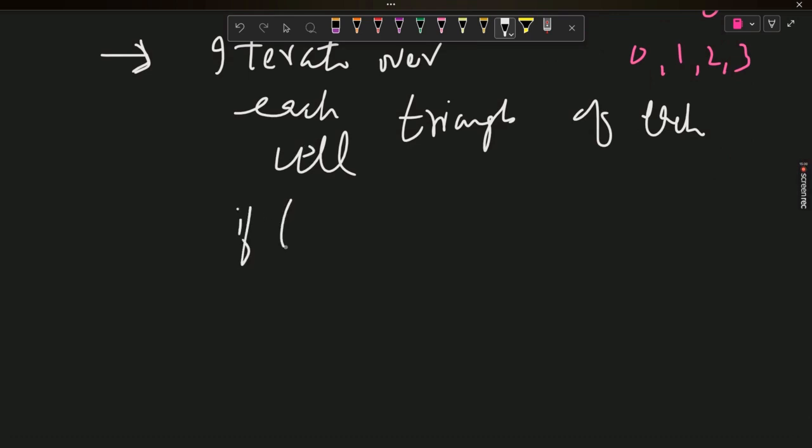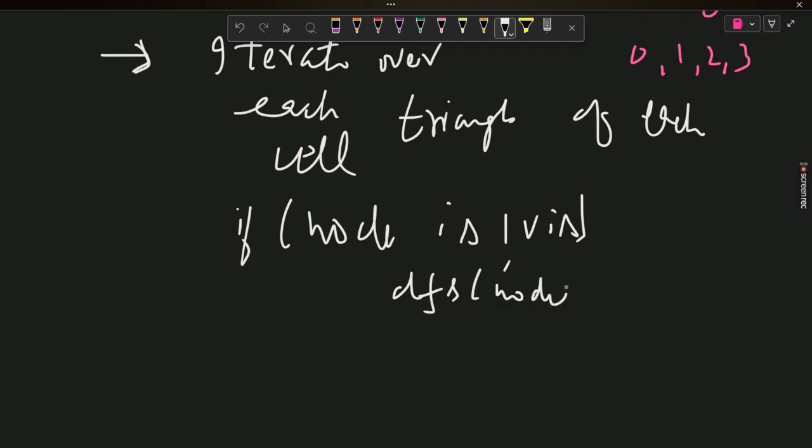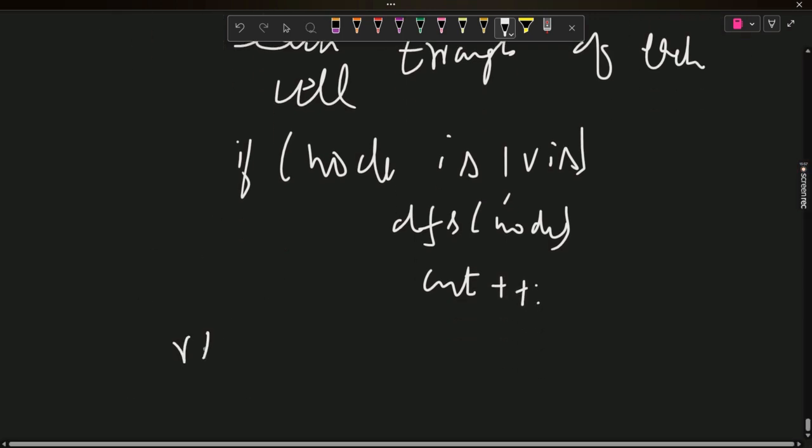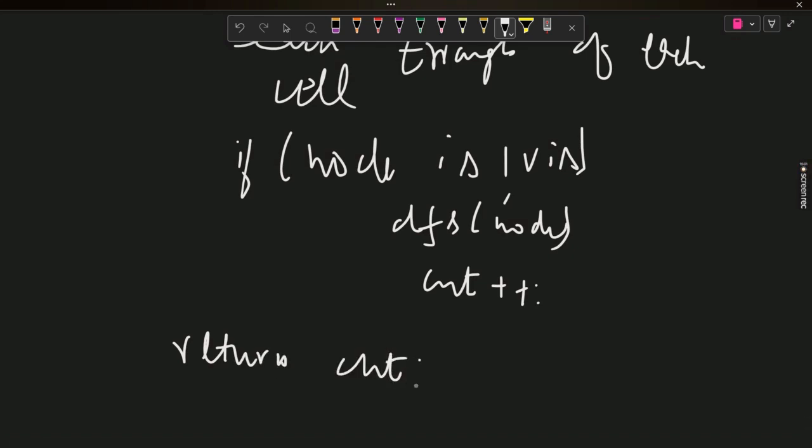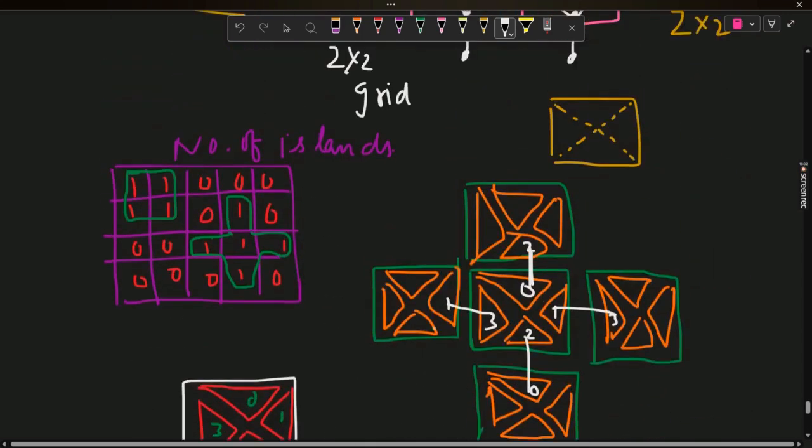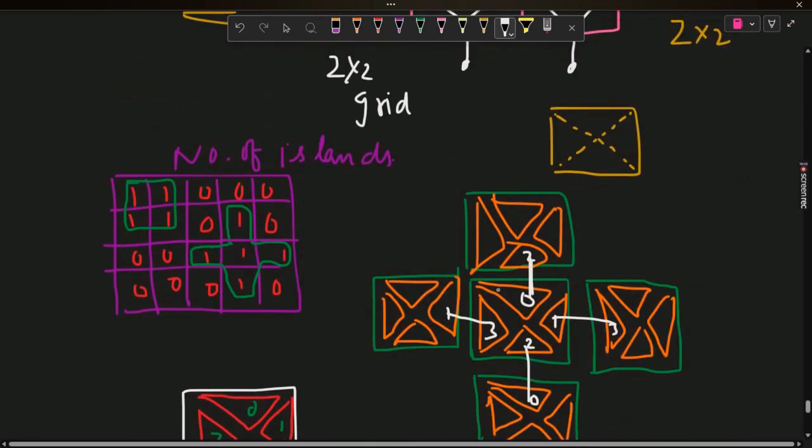If this particular node is not visited, call DFS or BFS, but I would like to use DFS in this problem, at that particular node and increment the count of connected components, right? And after all this, just return the count. This is the basic format of this problem. So after all this understanding, let's go to the coding part.